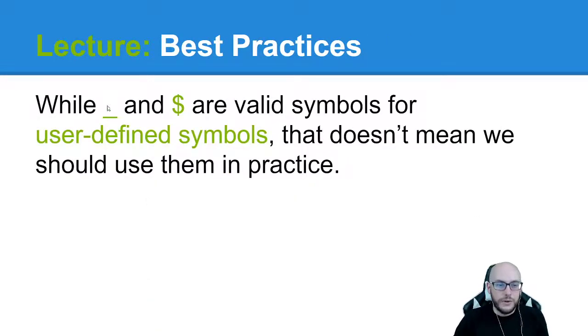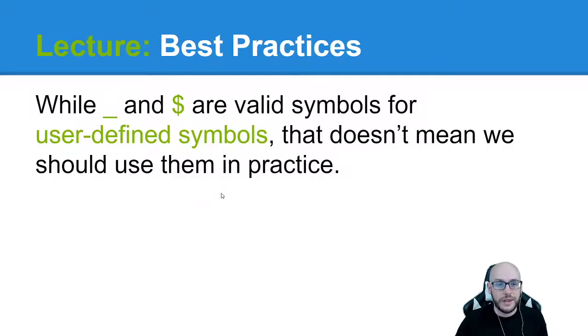Okay, a note on underscore and dollar sign. While they are valid user-defined symbols, that doesn't mean we should use them in practice. Now, what I'm about to talk about varies from programming language to programming language, and it could be a stylistic thing. We'll talk a little bit more about style in a future video, but it could depend on what you're coding for. Are you at Microsoft or Google? Or are you doing freelance stuff? Or are you doing open source coding?